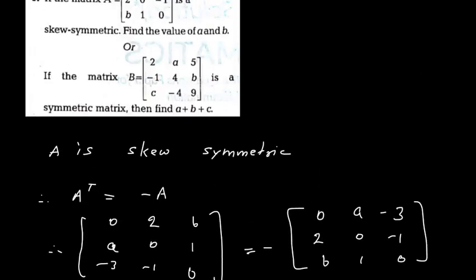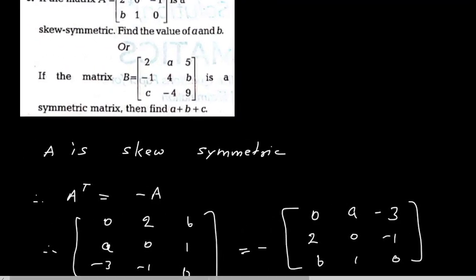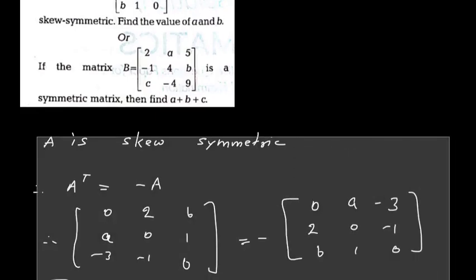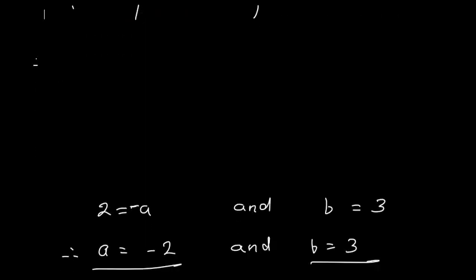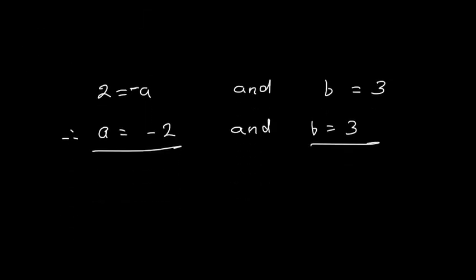Now the next question is, if the matrix B is a symmetric matrix, then find the value of a plus b plus c. Okay, so for a symmetric matrix, we have B transpose is equal to B. So let me solve here only. Let us erase this part. B is a symmetric matrix.